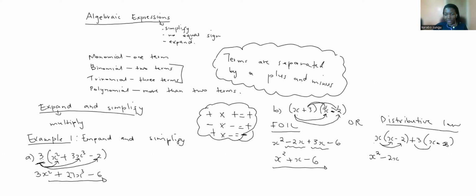These signs are the same, right? So you're going to have a plus 3x, and then multiply the last one. 3 times negative 2. And multiplying different signs, meaning you're going to have a negative 6. Okay? Remember to add your like terms. So you have x squared plus x minus 6. And you're done.